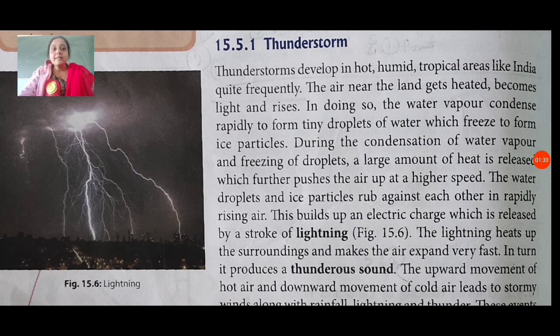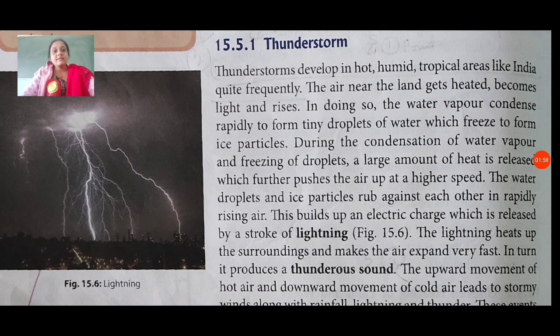During the condensation of water vapor and freezing of droplets, a large amount of heat is released, which further pushes the air up at a higher speed. The water droplets and ice particles rub against each other in the rapidly rising air. This builds up an electric charge which is released by a stroke of lightning.